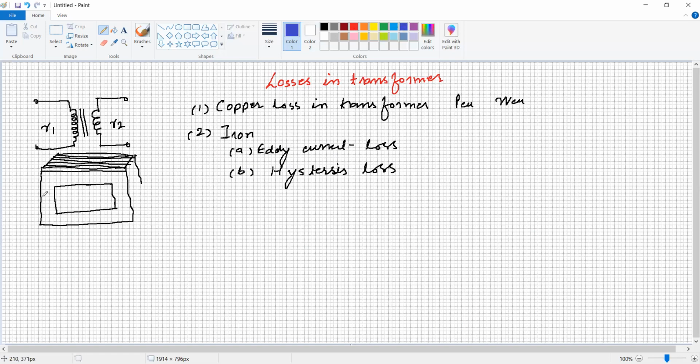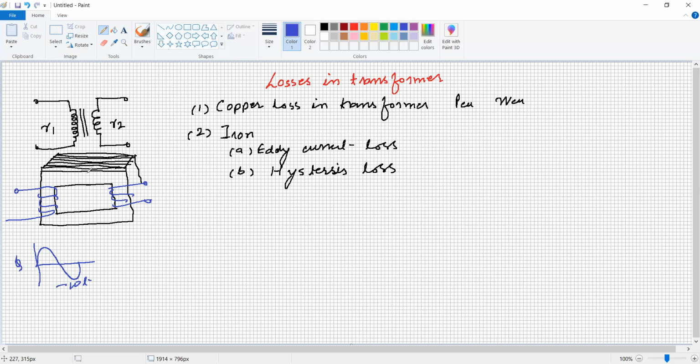Suppose the primary winding and secondary winding are wound on the transformer. The primary winding produces magnetic flux. This magnetic flux is alternating because our supply is alternating, so the flux is also alternating and has the same shape. This alternating magnetic flux links with the iron material, which is a conducting material, so it induces EMF.